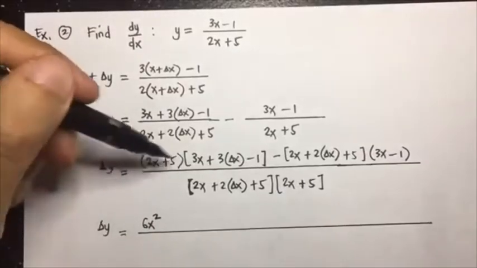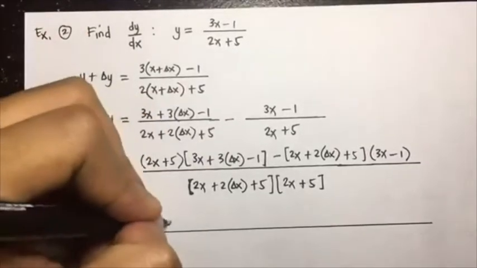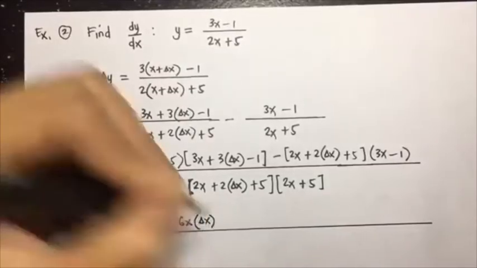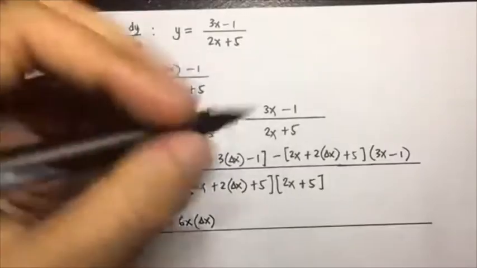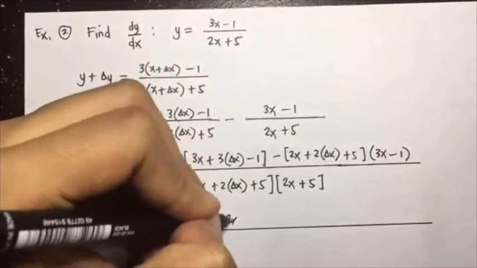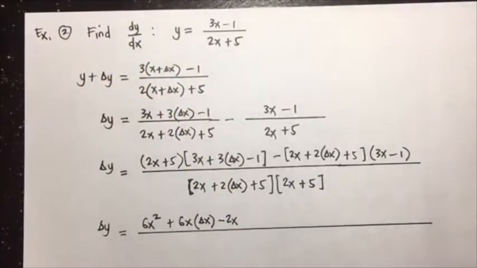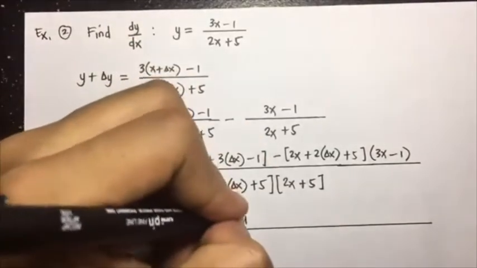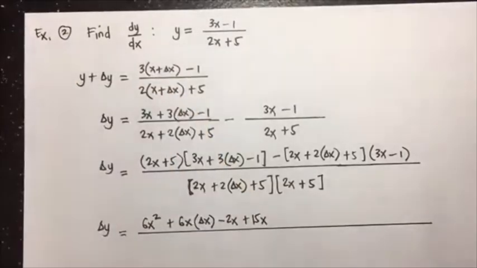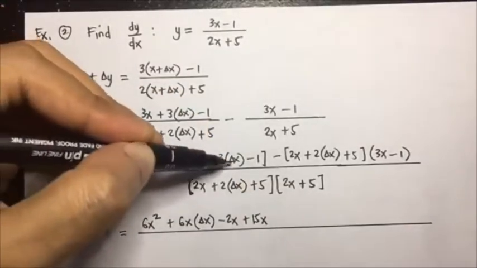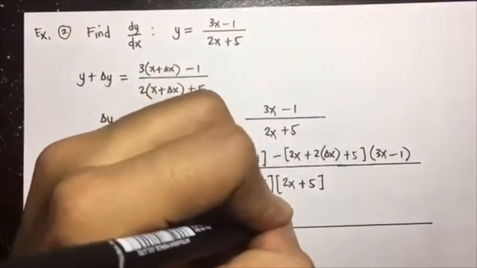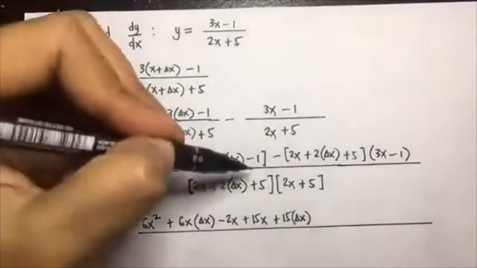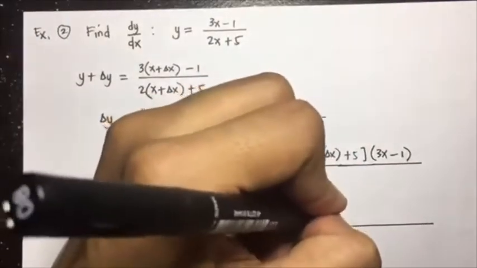And then 2x times 3 delta x, so that is plus 6x delta x. 2x times negative 1, so that is minus 2x. Okay, next 5 times 3x, so that is plus 15x. 5 times 3 delta x, so that is plus 15 delta x. 5 times negative 1, so that is minus 5.